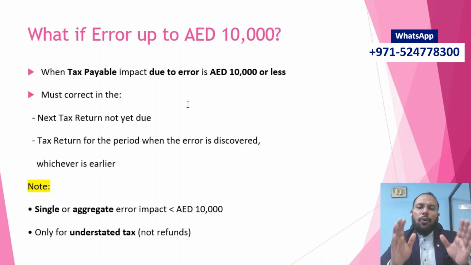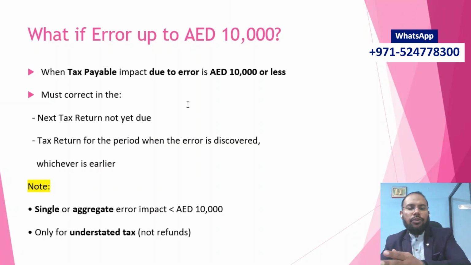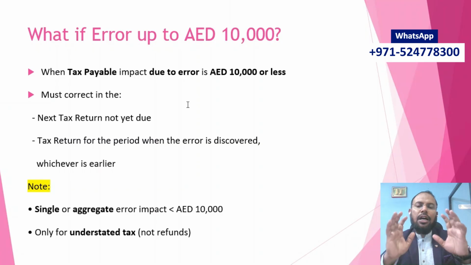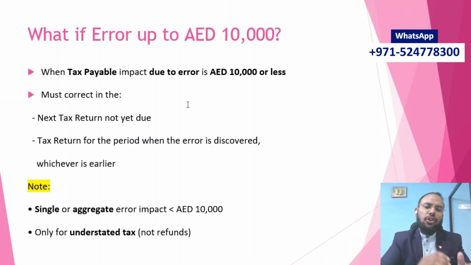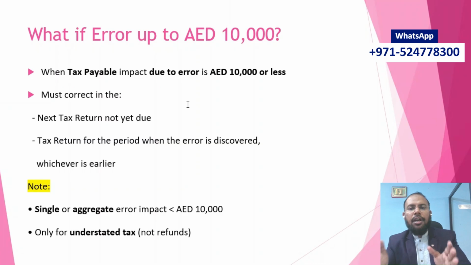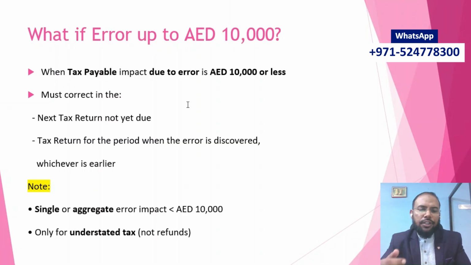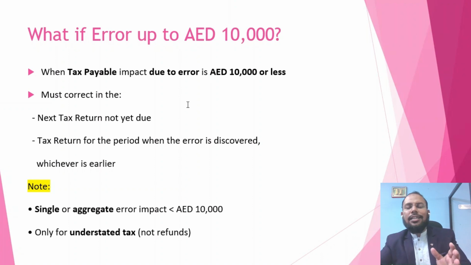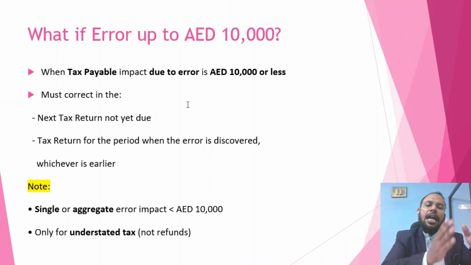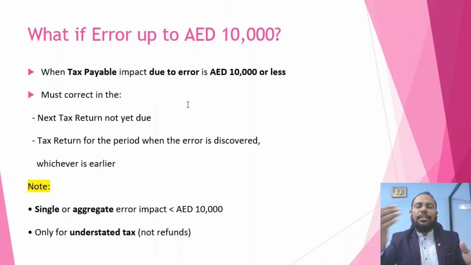We need to calculate the amount of AED 10,000 on a single or aggregate basis. Whatever the error is, on a single basis or aggregate basis, it should not exceed AED 10,000. And further, this applies only to understated tax, meaning there will be a tax liability generated for adjusting your error. I hope you understand this concept.